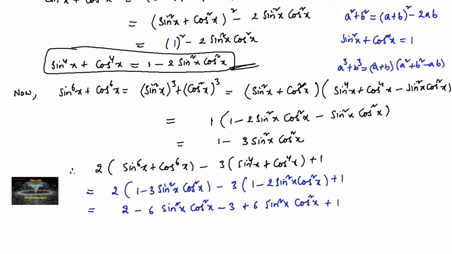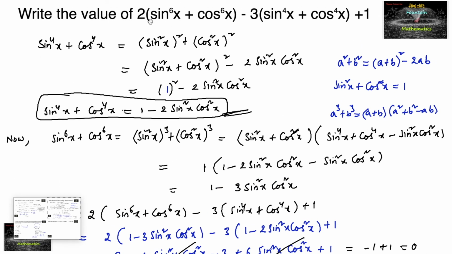So minus 6 sin square x cos square x and plus 6 sin square x cos square x get cancelled, and 2 minus 3 is minus 1, and plus 1, minus 1 plus 1, we get the answer 0. So we can confirm that the value of 2 times (sin power 6x plus cos power 6x) minus 3 times (sin power 4x plus cos power 4x) plus 1 is 0.